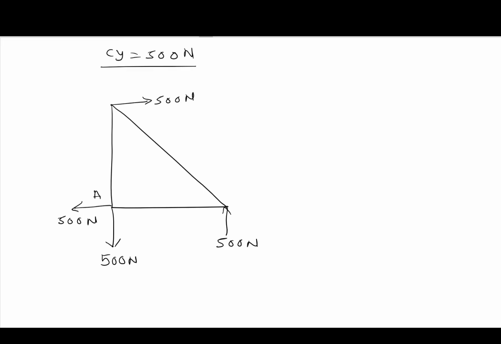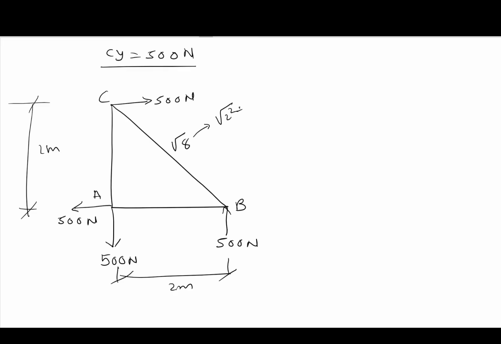This is joint A, B, and this one is C. If I have this dimension, which is 2 meters horizontal and vertical, the diagonal value could be 8, described as 2 squared plus 2 squared, which is 4 plus 4, giving 8. Now we can use the joint method to find the member force.